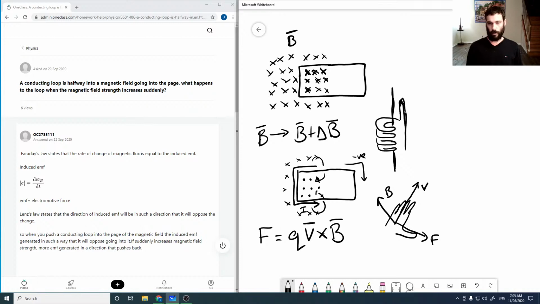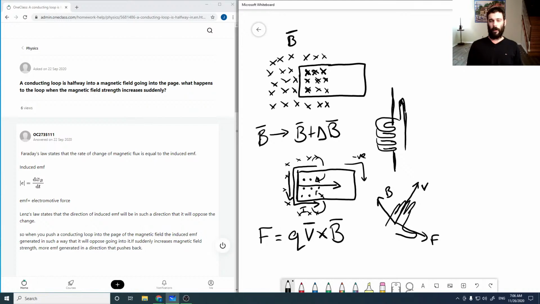if we consider just, so it depends on which section of the wire we use. So here our velocity is downward, and our B field is still into the page. So now that means if we apply this right-hand rule, the force on this segment of the wire is to the right.